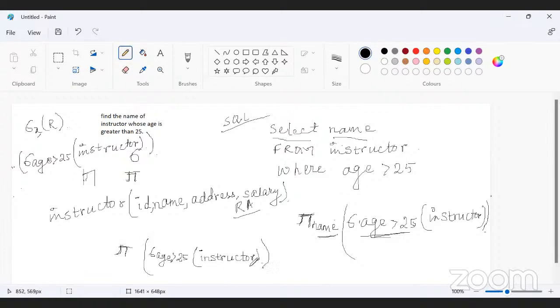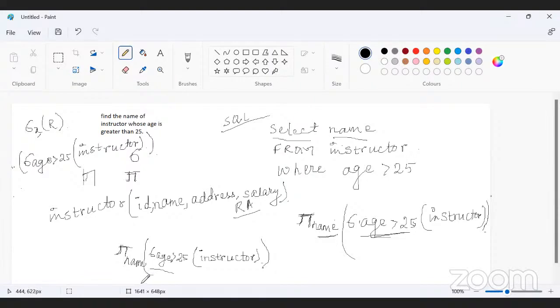We select these tuples, whichever tuples satisfy this condition, and from those tuples we need only the name. That's why this is name. Are you able to follow?